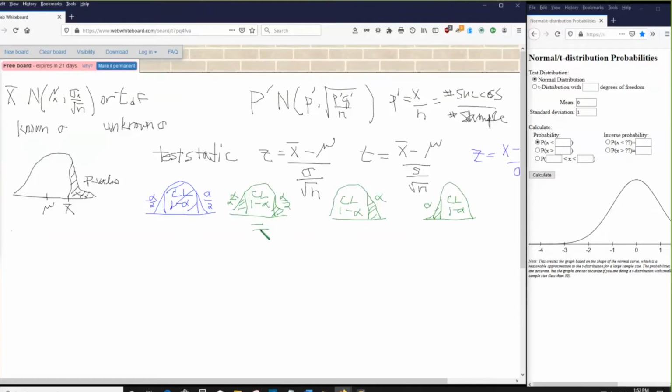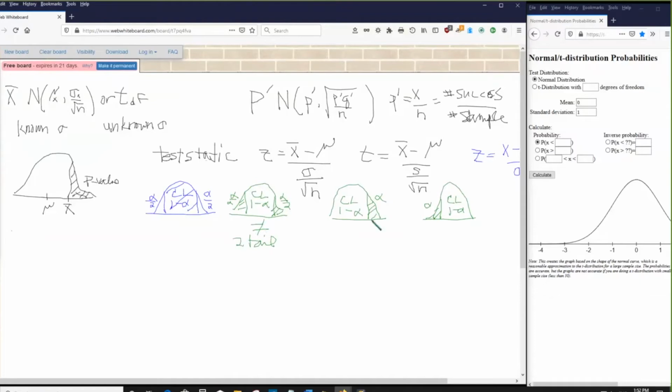You look at whatever your alternative hypothesis is, and that's going to tell you what type of test you have. So if you have an equal or don't equal, usually it'll be a don't equal, that's going to be a two-tailed test.